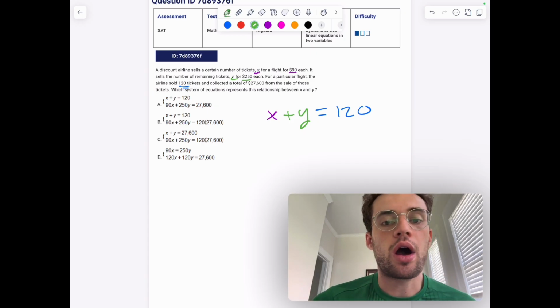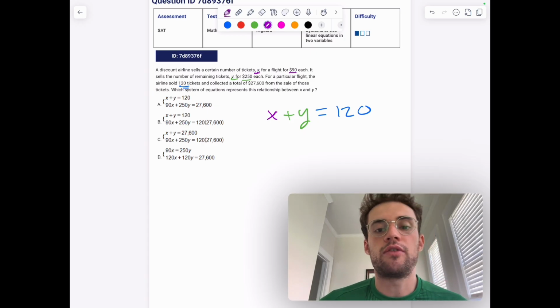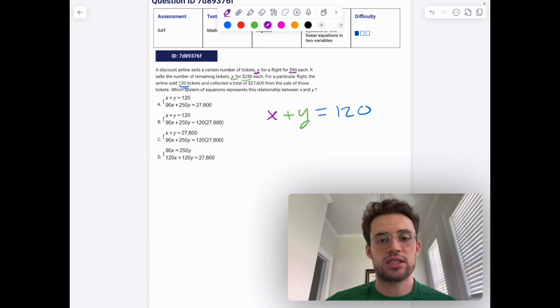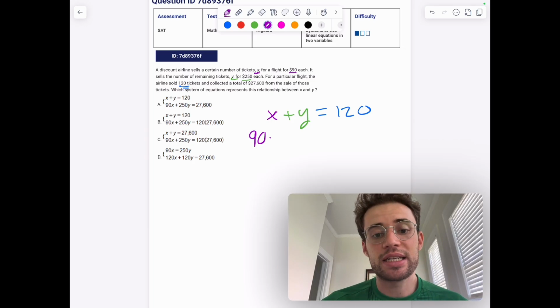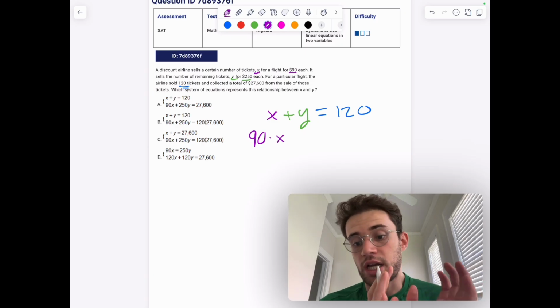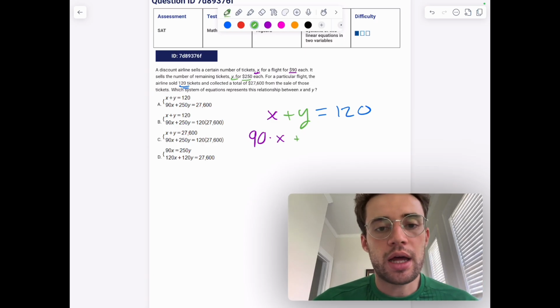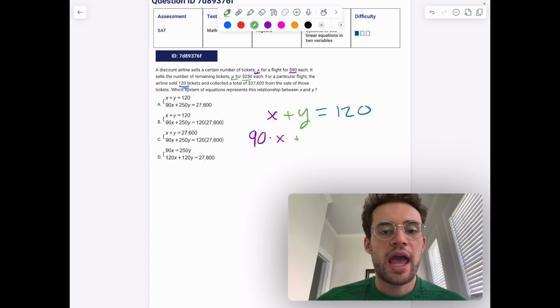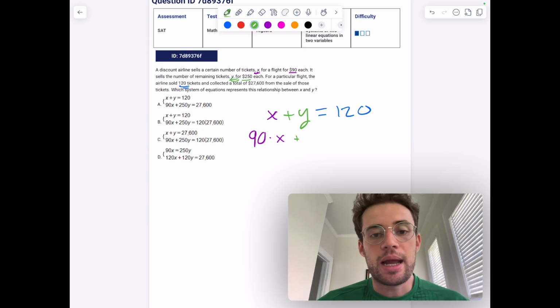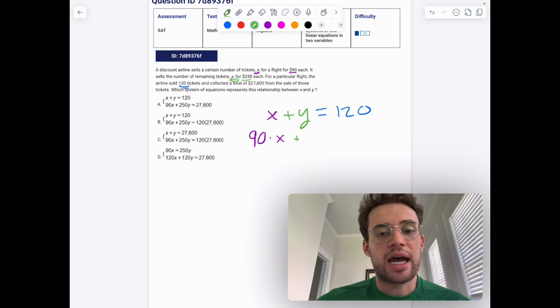Now, the cost of all of the discount tickets would be the cost per ticket, $90, times the number of tickets, that's the total sales of the discount tickets. And then we've got Y, the number of the expensive tickets, times 250.